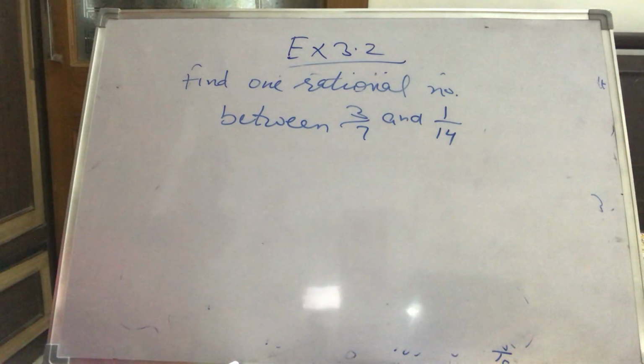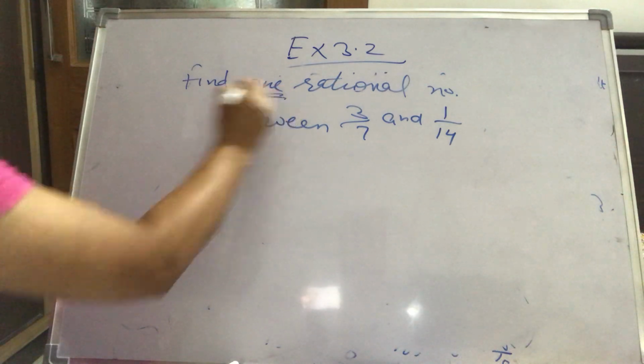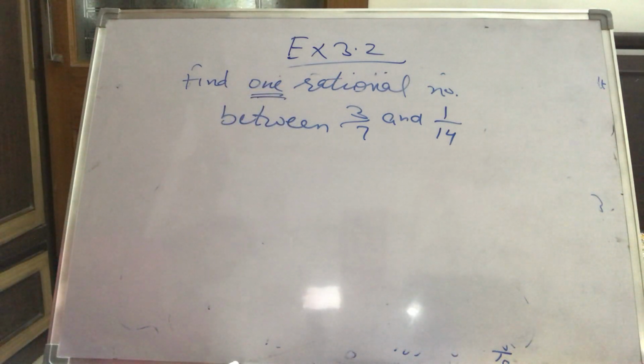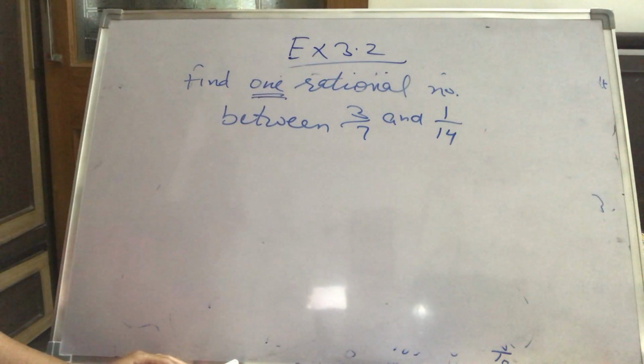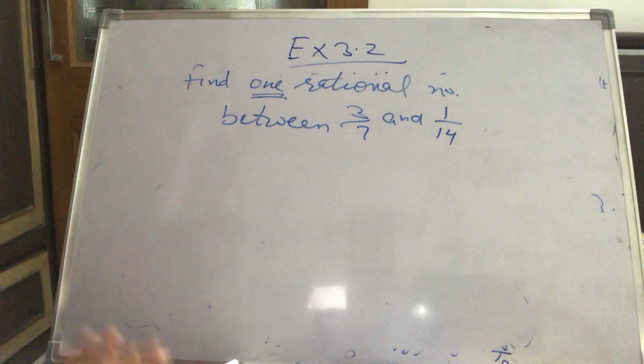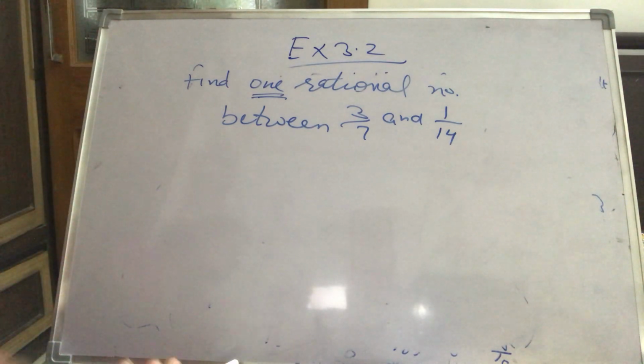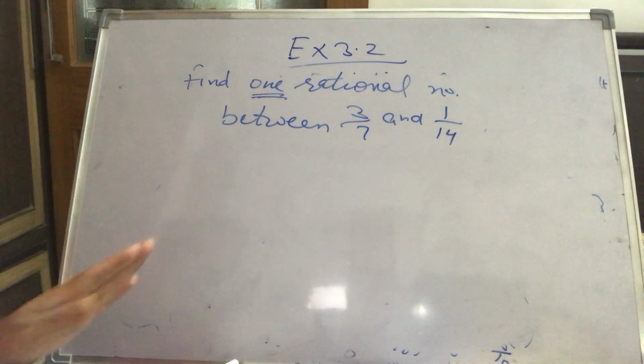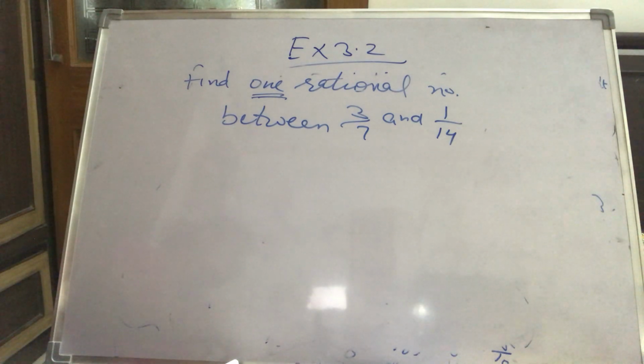Let's take these two rational numbers. Note down that I have written only one rational number. When you get the question, find 5 rational numbers, find 7 rational numbers, find 3 rational numbers, find 2 rational numbers or 10 rational numbers between two, the method is what we have done earlier in 2-3 questions.